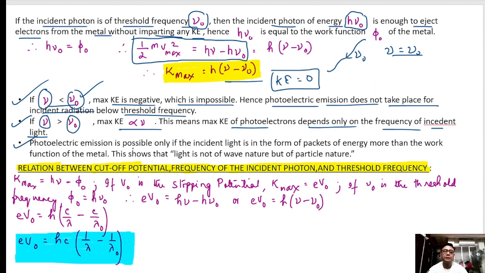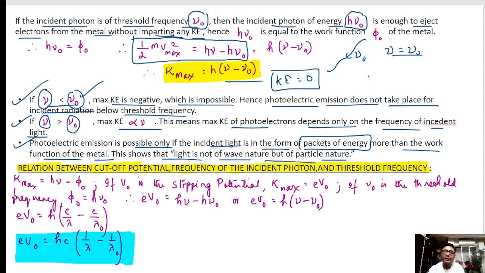Photoelectric emission is possible only if incident light is in the form of packets of energy more than the work function of the metal. Light is not of wave nature but particle nature. So photoelectric emission is possible only when the incident frequency is more than the threshold frequency, and then only the electrons will come out with some kinetic energy.